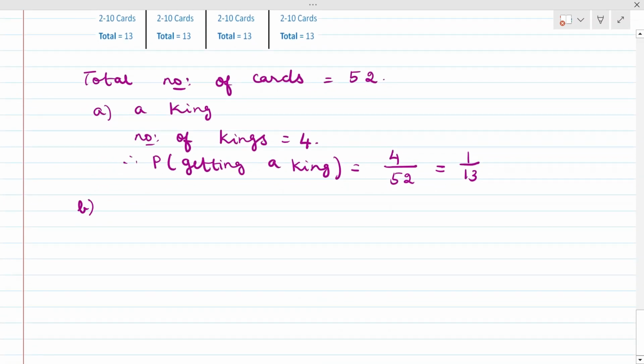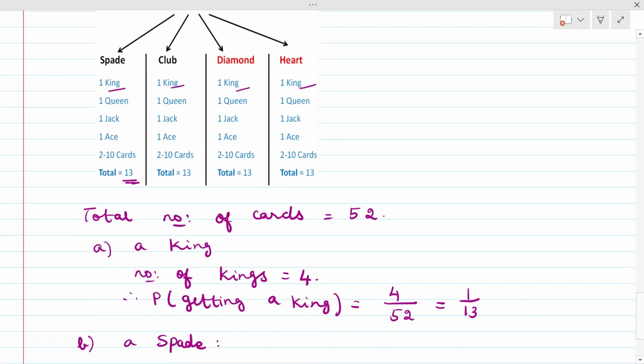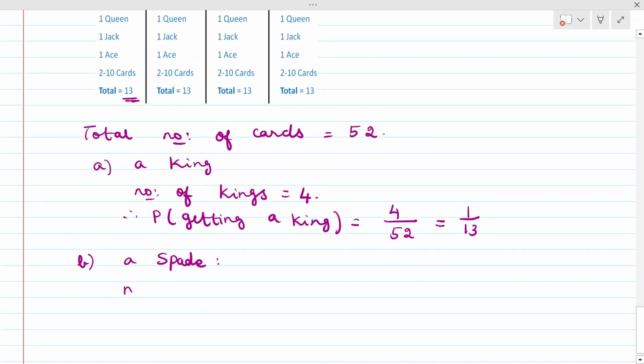And the second subdivision. A spade. So how many spades are there? We have totally 13 spade cards are there. Here they have not discriminated any king, queen, number card, nothing. Spade cards. So we have 13 spade cards in the 52 cards. So now number of spades.